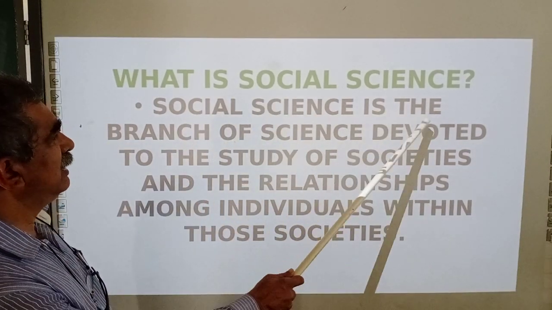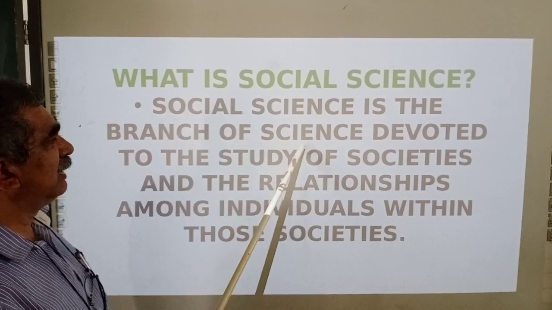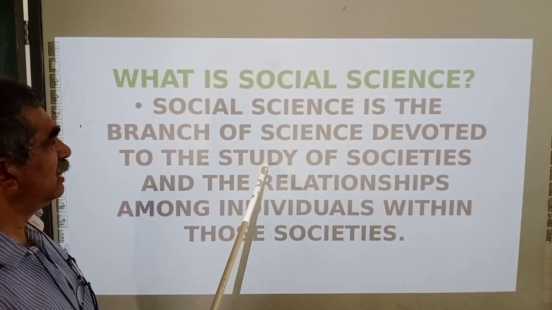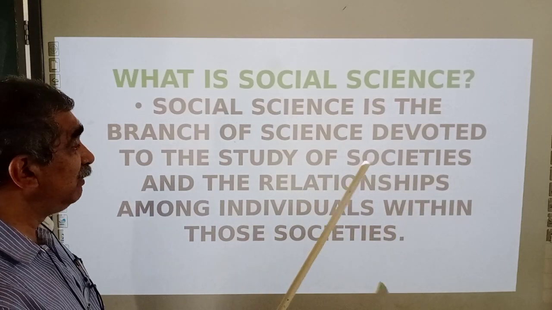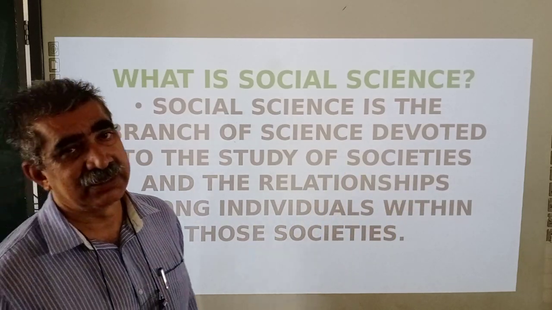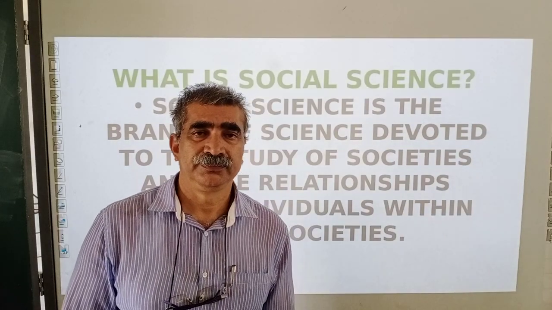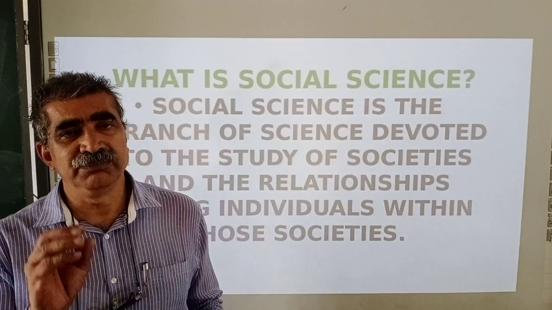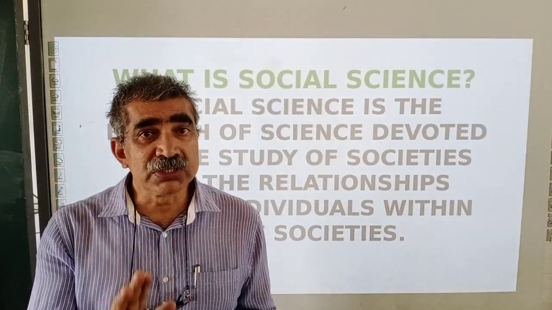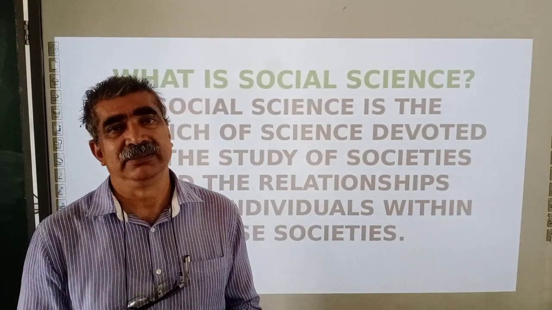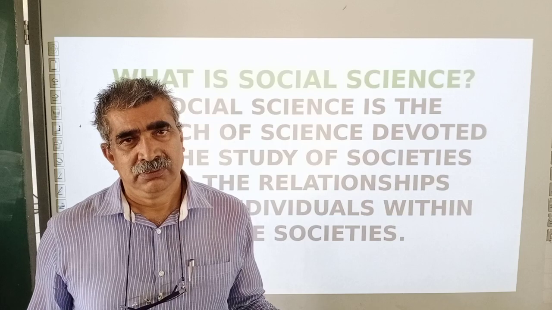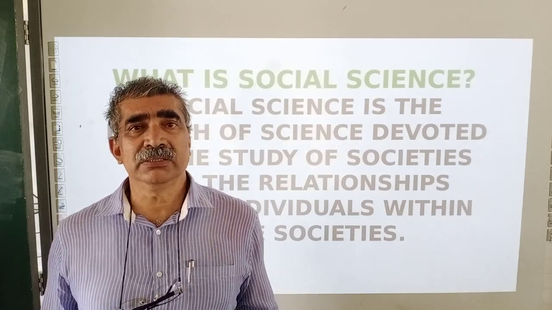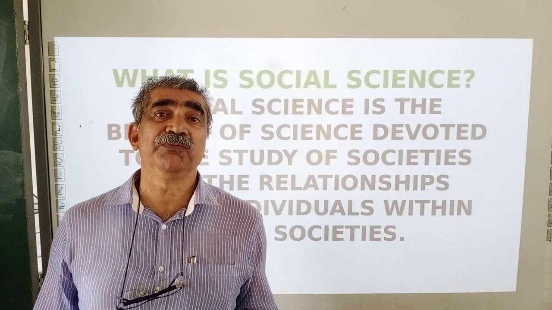Social science is the branch of science devoted to the study of societies and the relationships among individuals within those societies. The subject is named social sciences. Science means systematic study of something.